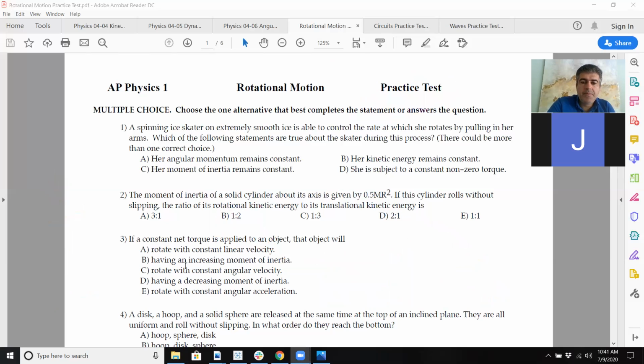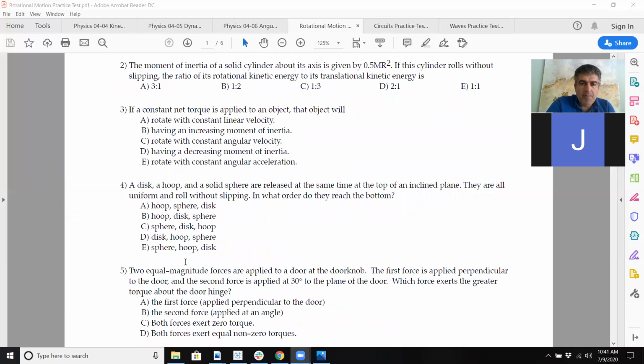We keep moving. 3. If a constant net torque is applied to an object, that object will... remember, torque equals I times alpha. So if this is constant, then we expect these other two things to be constant as well. Inertia, you're kind of stuck with.